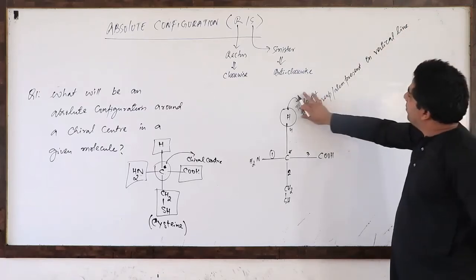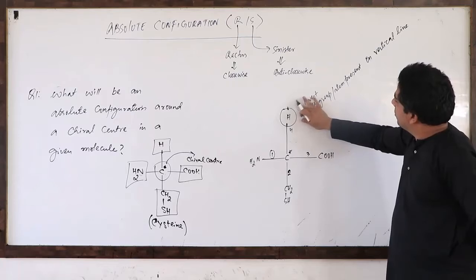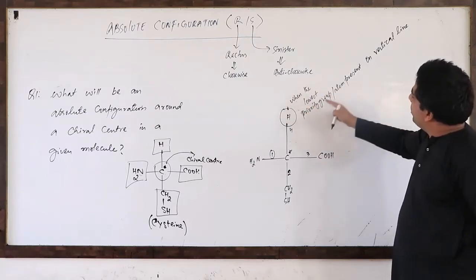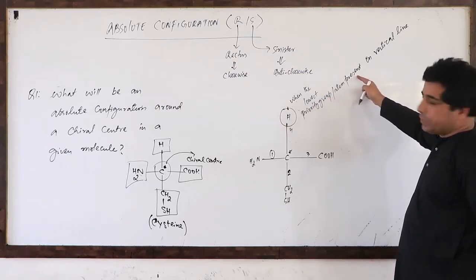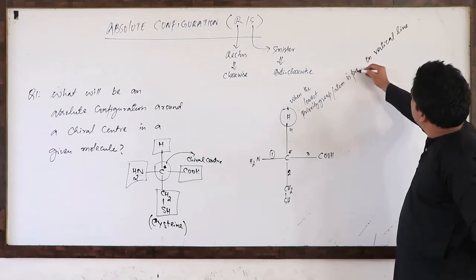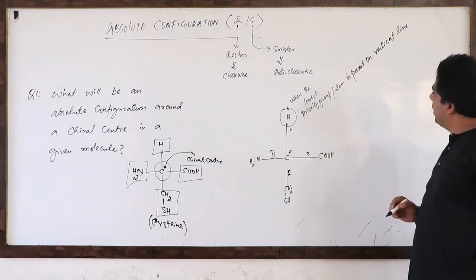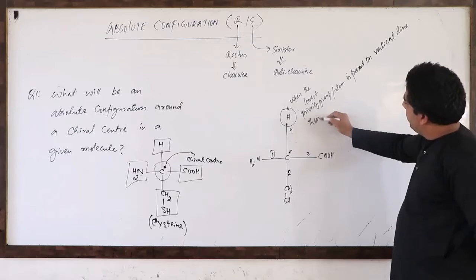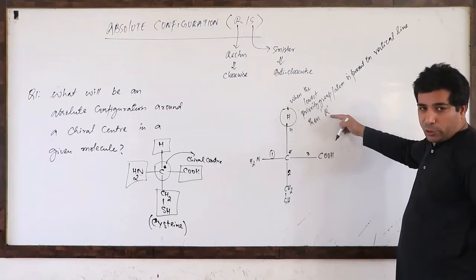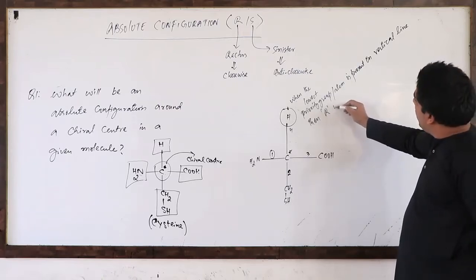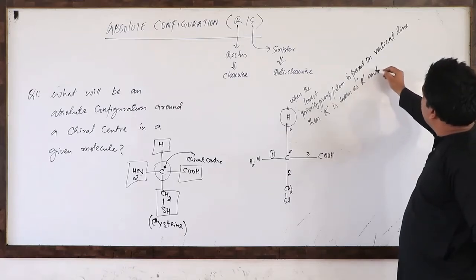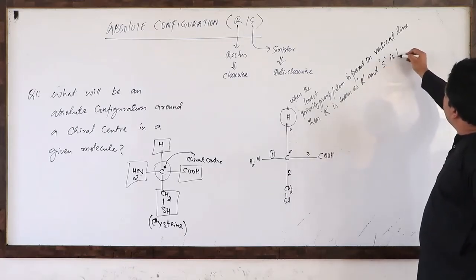Or I will write down, when the lowest priority group is present on the vertical line, then the configuration is R, meaning rectus, clockwise. R is taken as rectus and S is taken as sinister.